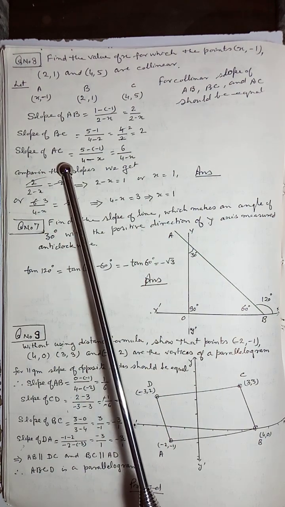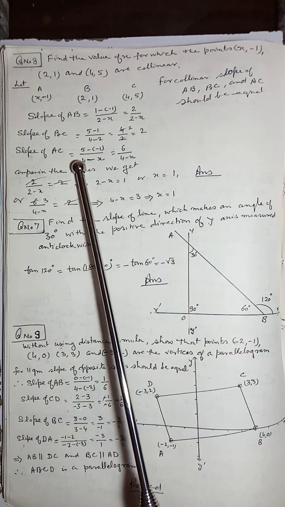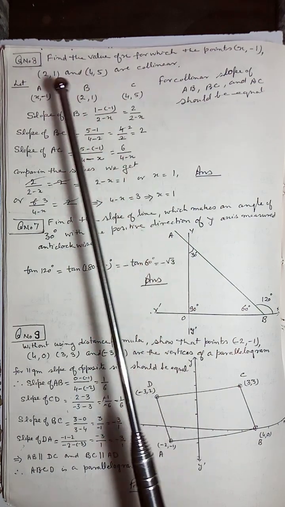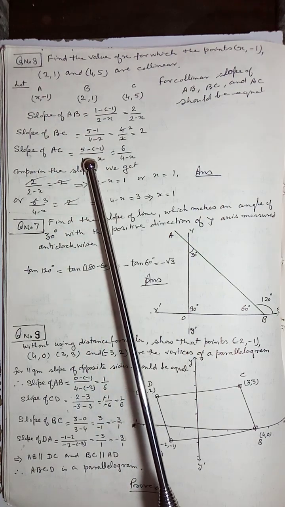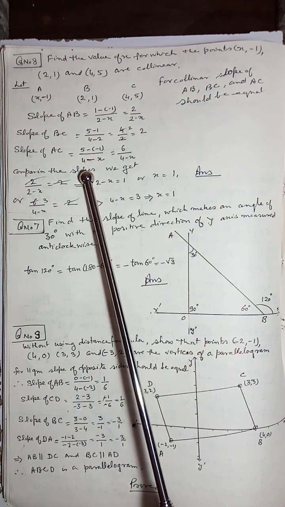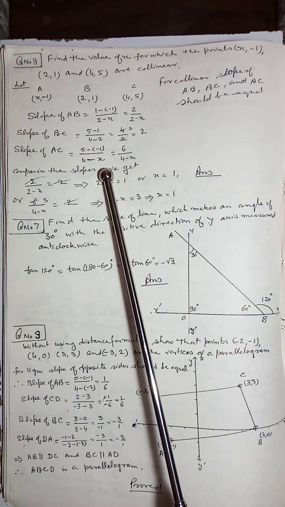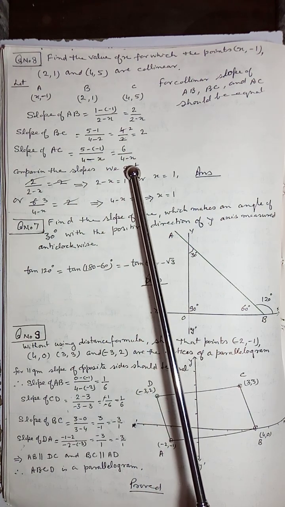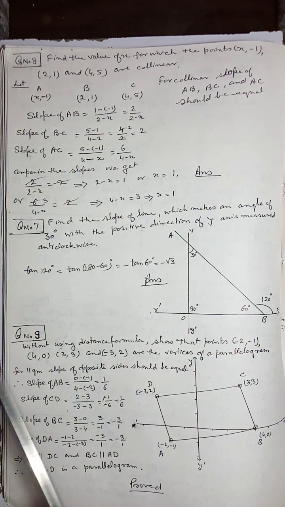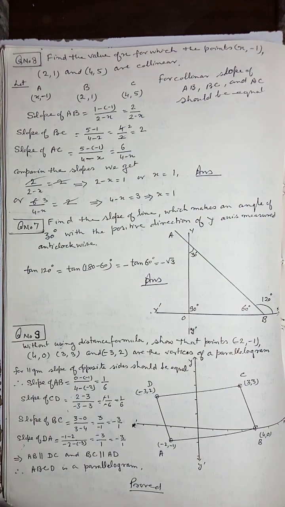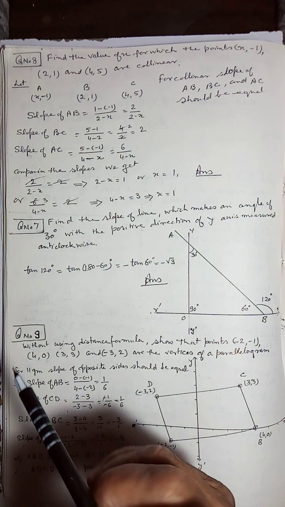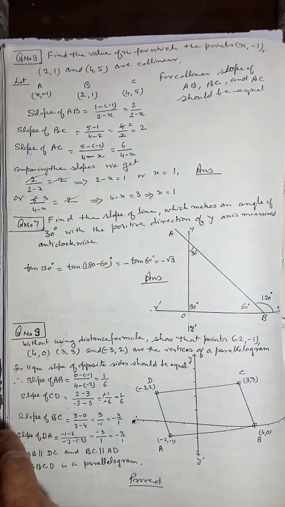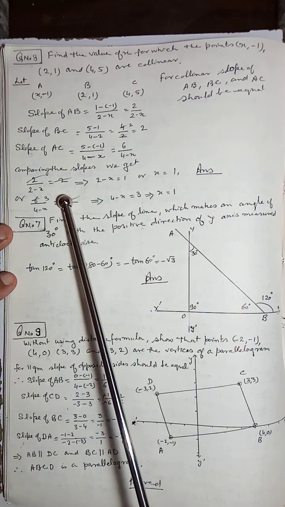Now slope of AC, slope of AC means 5 minus (-1), you see, upon 4 minus x. So it will be equal to 6 upon 4 minus x. Now comparing the slopes, comparing the slopes we get.